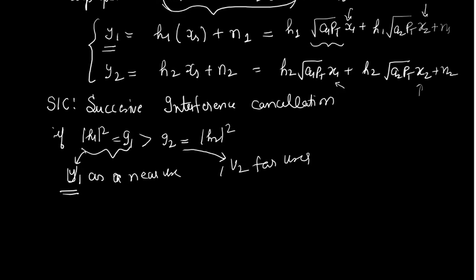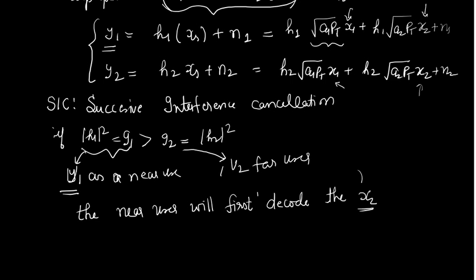What would happen? The near user will first decode x2. x2 is the symbol which is intended for user 2.